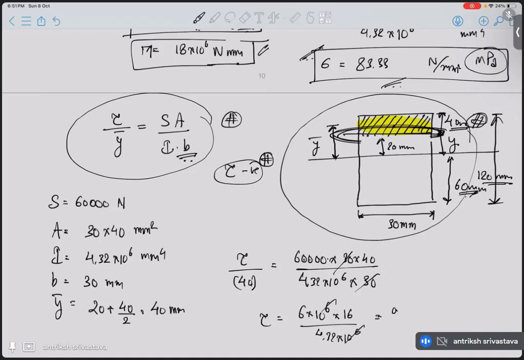We can now write 96 divided by 4.32. So what is the value of tau? It is 22.22. Yes, correct. So I am also getting 22.22, and we have to remember here to put the negative sign. So this is compressive shear stress, if you want to say, and we have sigma.